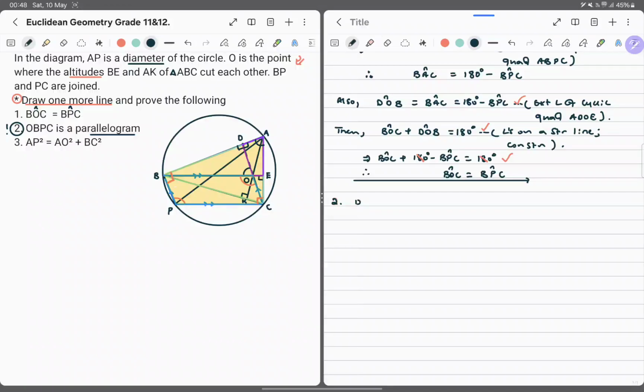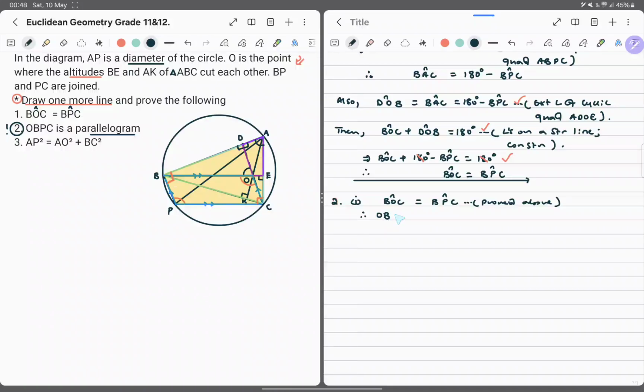Perhaps we can say the first way we could answer it, we will then state that BOC is equal to BPC, proved above. From here, I can make a conclusion.